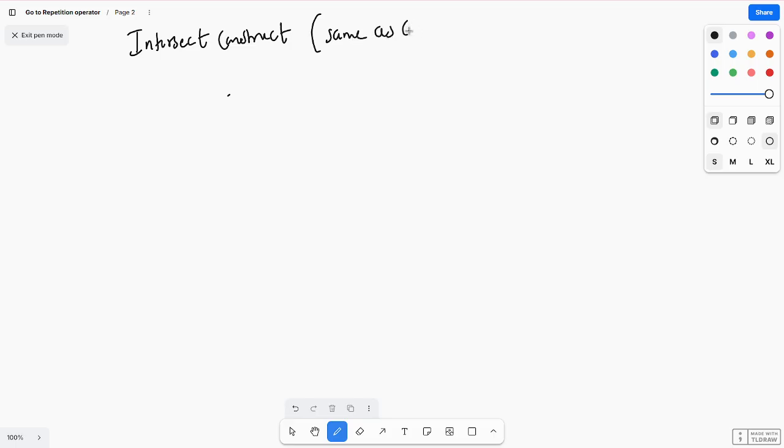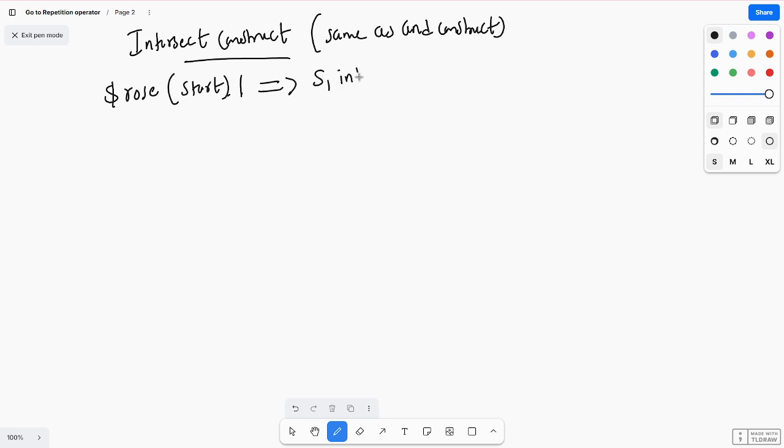So how to write this intersect construct? $rose(start) with the non-overlapping implication operator, S1 intersect S2. This is the same as the and construct only.